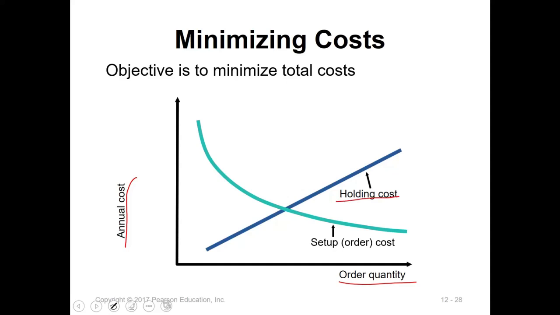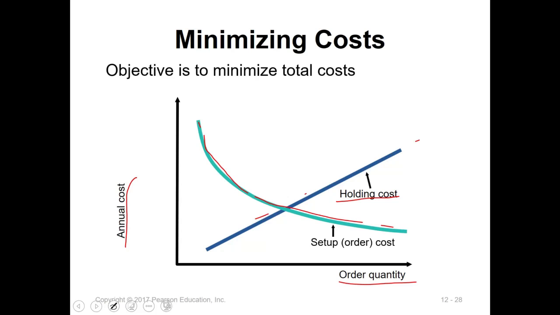As the order quantity gets bigger, this line gets bigger, which means your cost is increasing. However, the other line, the setup cost, is dropping. With the order quantity increasing, the setup cost is decreasing.